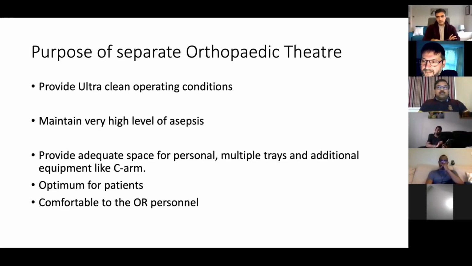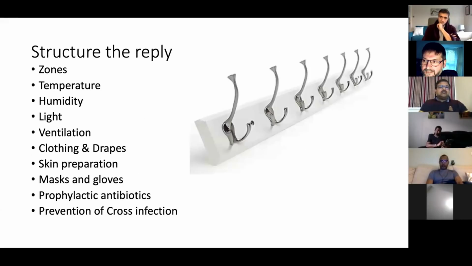This is not directly the theater design, but this is the principle of theater design. These are the things which need to be satisfied when you're designing a theater.